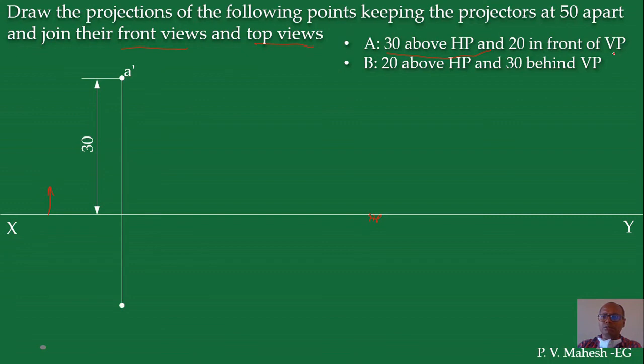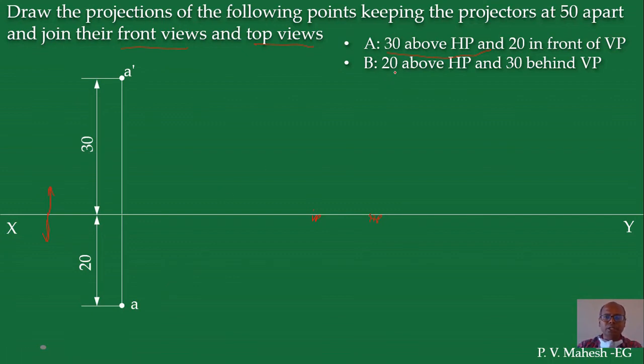And 20 mm in front of VP means top view. We are talking about the top view. Top view means this is VP, and this is behind VP, and this is in front of VP. So A is at a distance of 20 mm from the XY axis.